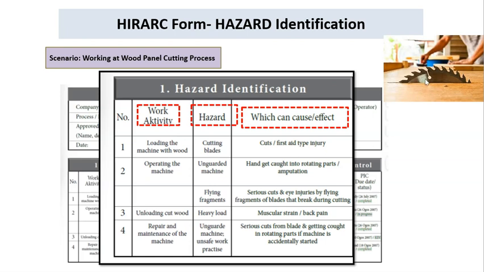and so the effect is going to be cuts, or first aid type injury. And the second one, when the cutting machine is in operation, the blade is rotating, so it involves an unguarded machine, and the cause and effect is the hand getting caught in the rotating parts, and it can also cause amputation, putus jari, if you touch this when it is in operation mode.